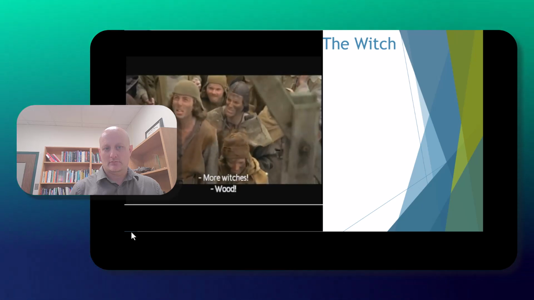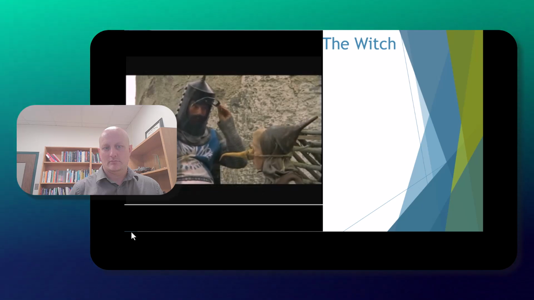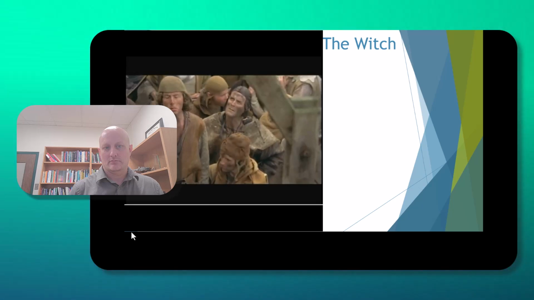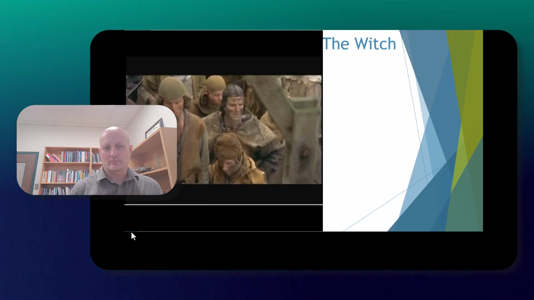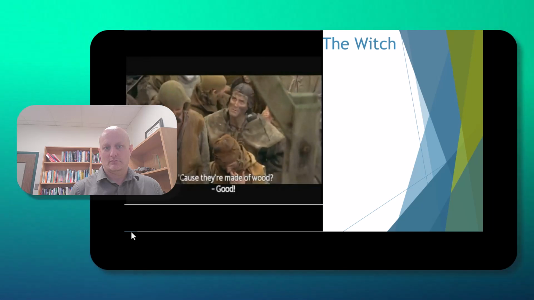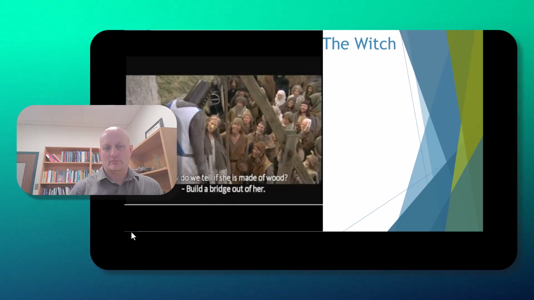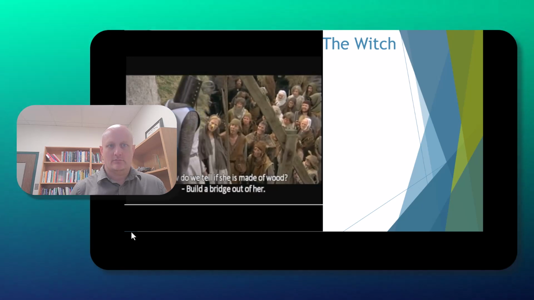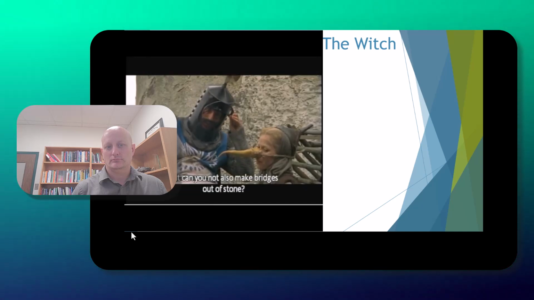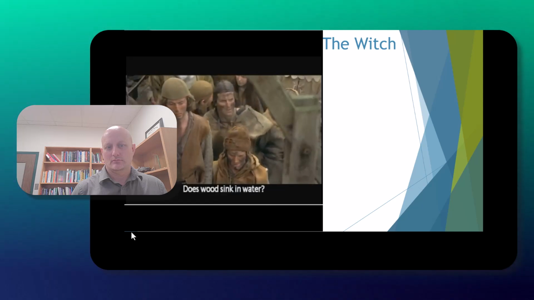More witches! Wood. So, why do witches burn? Because they're made of wood. Good. So, how do we tell whether she is made of wood? Build a bridge out of her. Ah, but can you not also make bridges out of stone? Oh, yeah. Does wood sink in water?